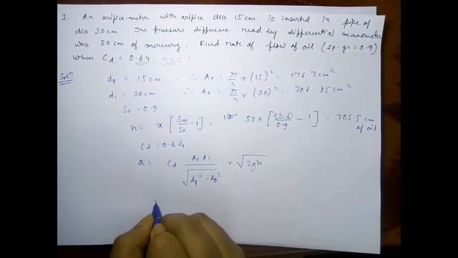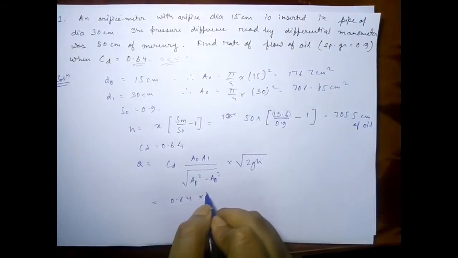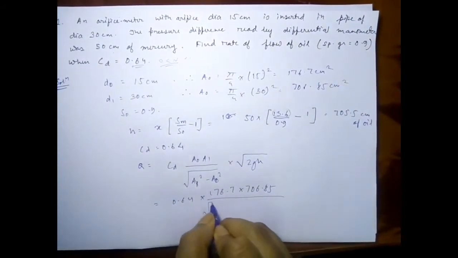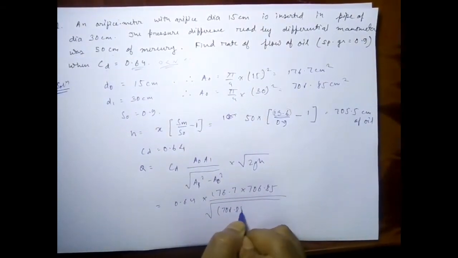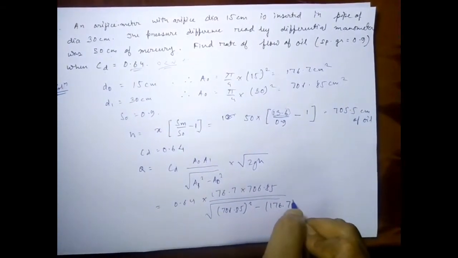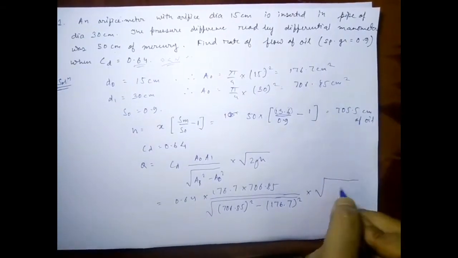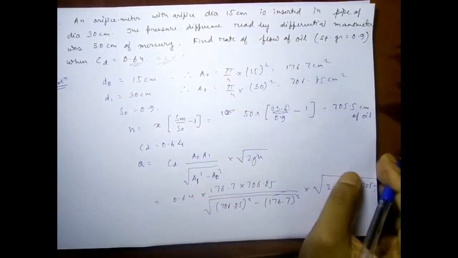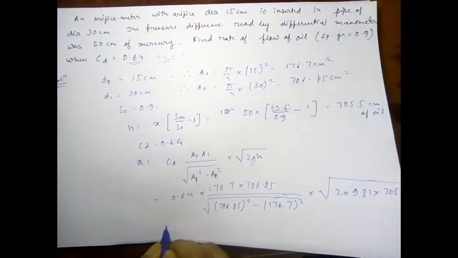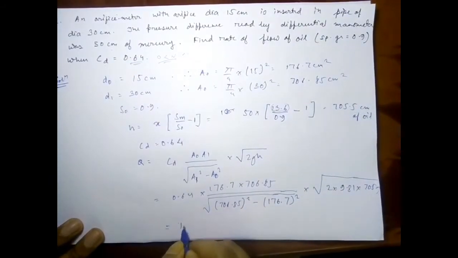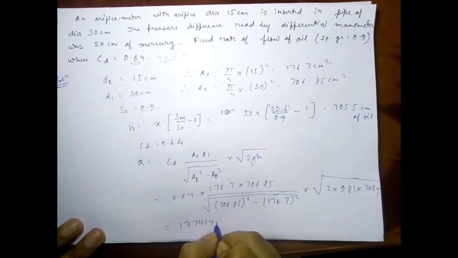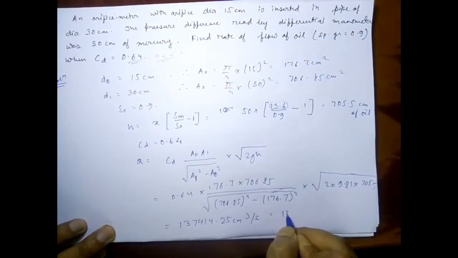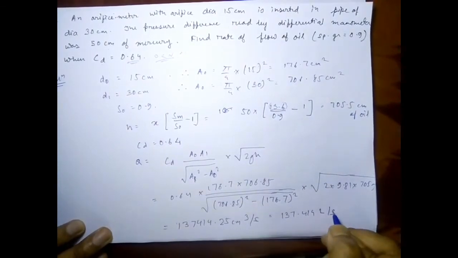So let's keep on putting the values: 0.64 times A0 is 176.7 times A1 is 706.85 upon square root of 706.85 square minus 176.7 square, times root 2 times 9.81 times H, which is 705.7, and thus I will get Q as 137,414.25 centimeter cube per second, and it is equal to 137.414 liters per second.